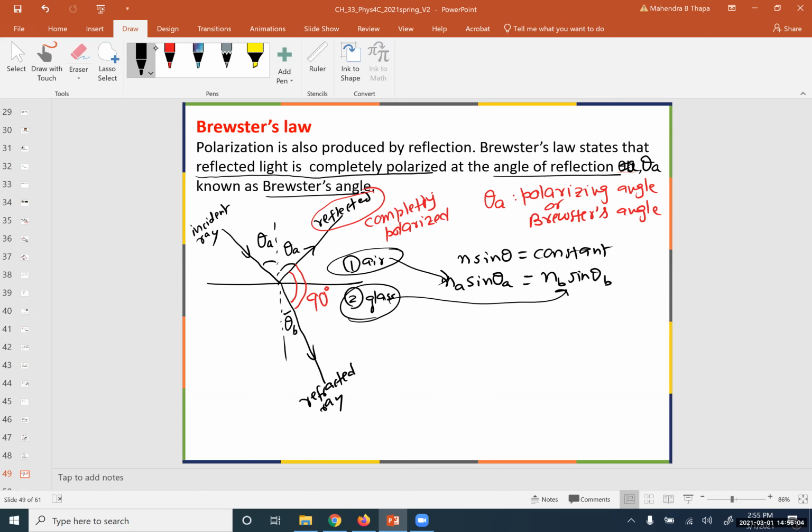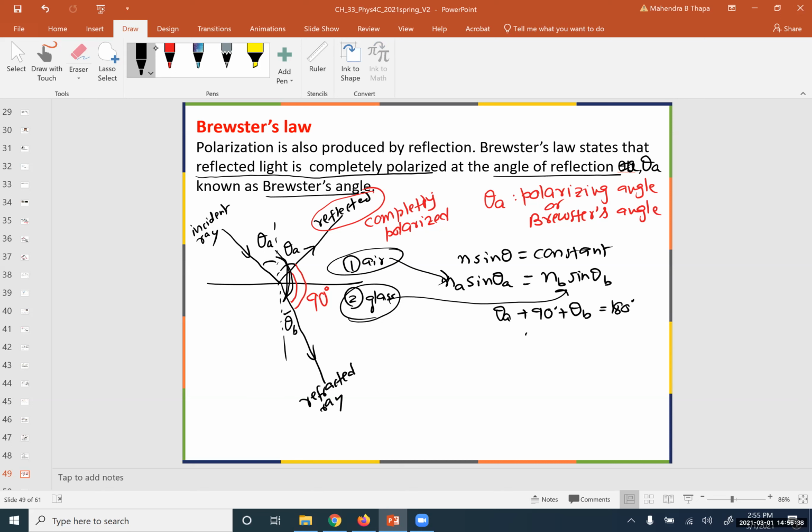From this picture, the sum of all the angles: theta A plus 90 degrees plus theta B equals 180, because I took the whole complete angle.